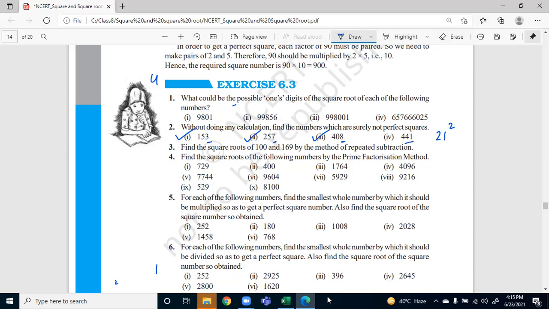So let's move to question number 3. You have to find the square roots of 100 and 169 by the repeated subtraction method.